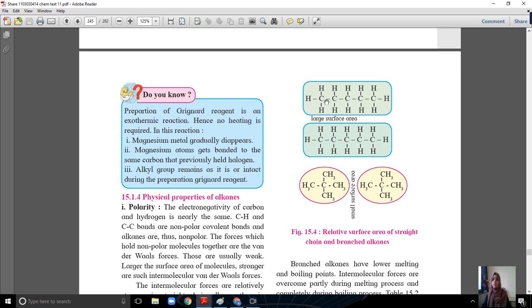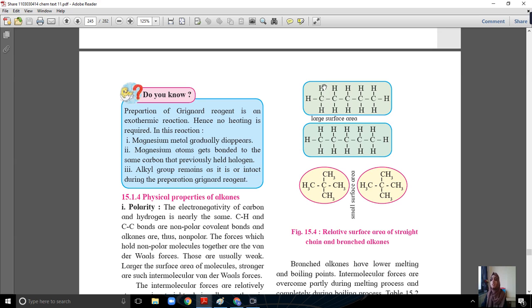When two similar atoms are there, the covalent bond is non-polar in nature. When two different atoms are there, hydrogen and carbon, it is also a non-polar covalent bond. Why?